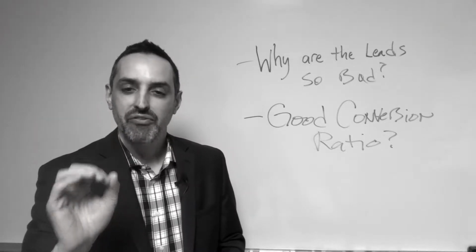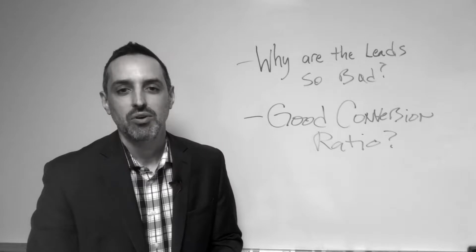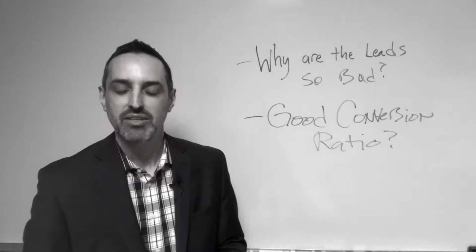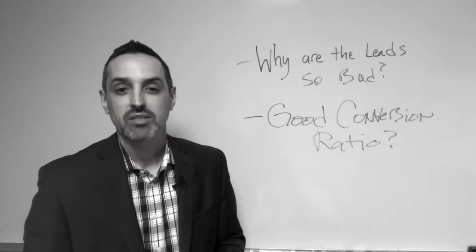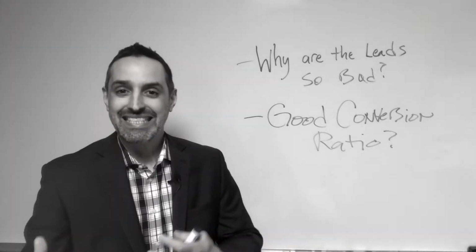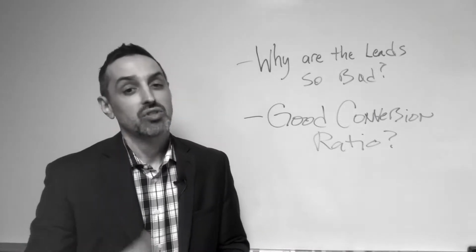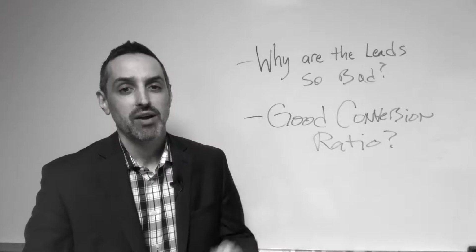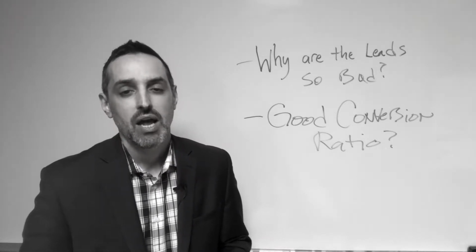I like for the phone call, like when they call, the call to consult ratio, I like to see a minimum 50%. So that takes, we'll go into this in just a bit, some training on the staff part so that they make sure that this patient knows they're calling the right place, right? Now, a good staff member can bring it up to around 75% if they're really good on the phone.